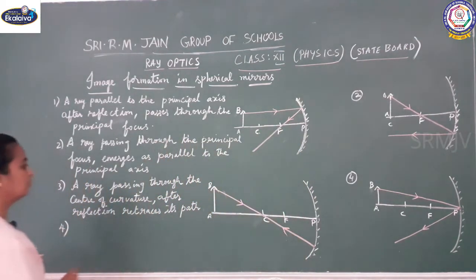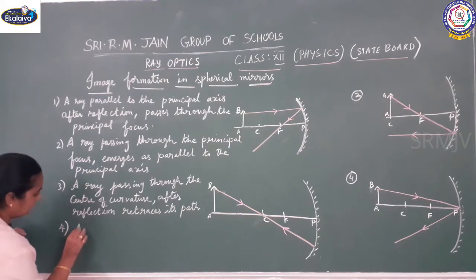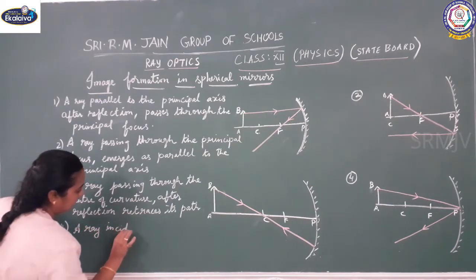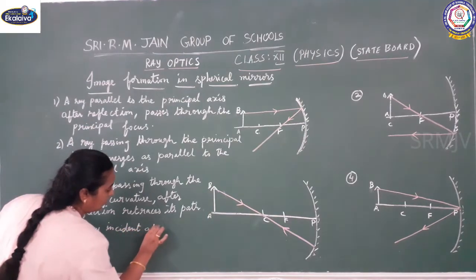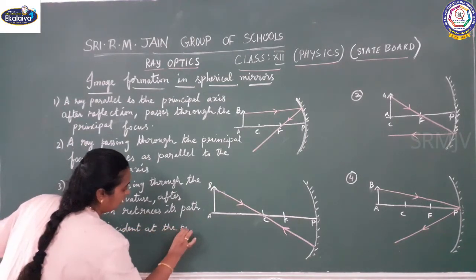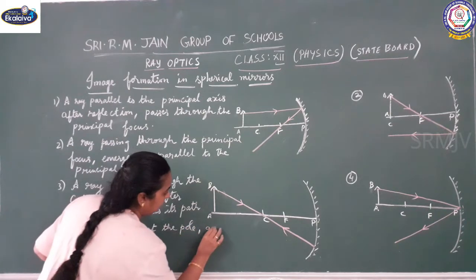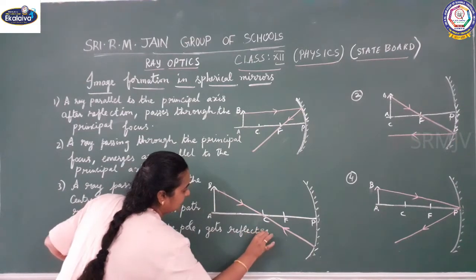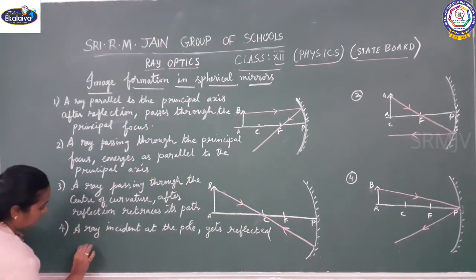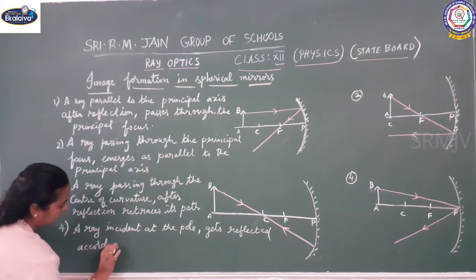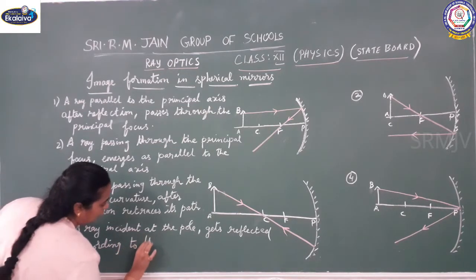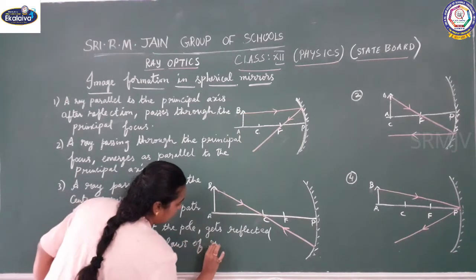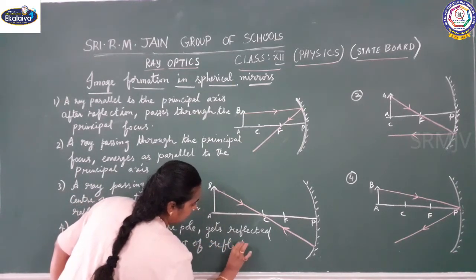So the fourth rule is a ray incident at the pole gets reflected according to the laws of reflection.